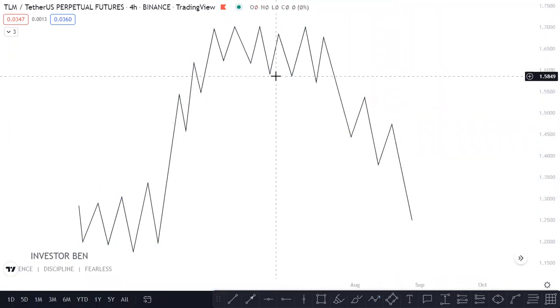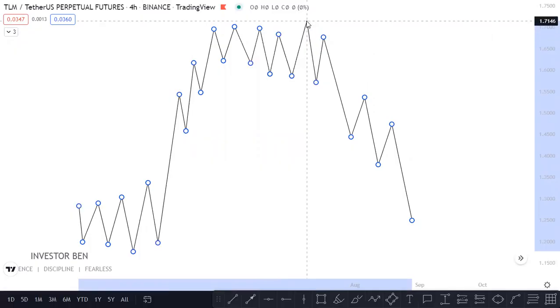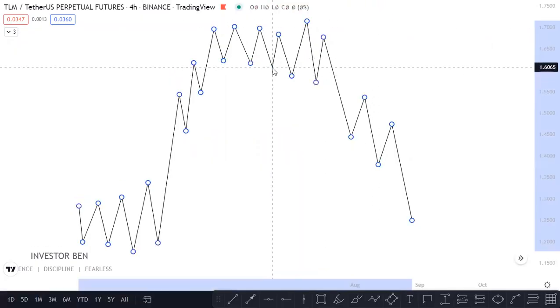So now let's look at this chart formation, right? Let's look at this chart formation here before we had this huge sale that occurred, right?